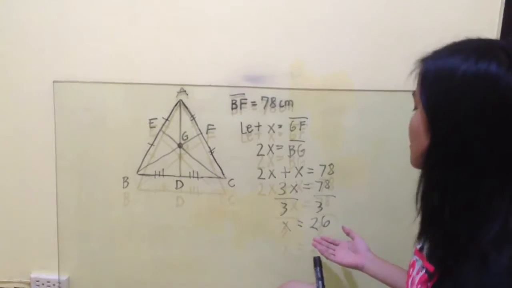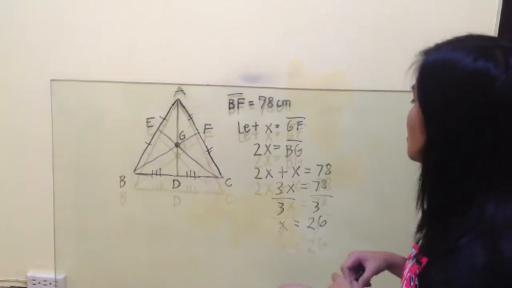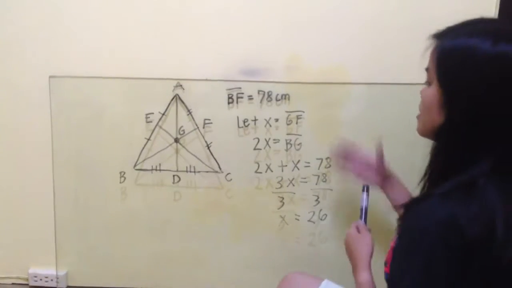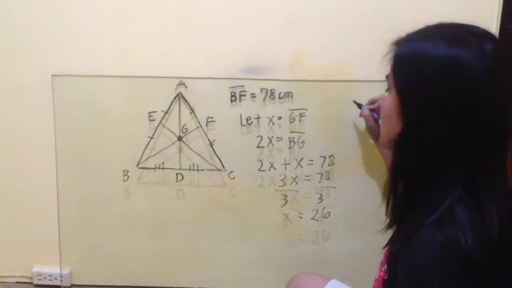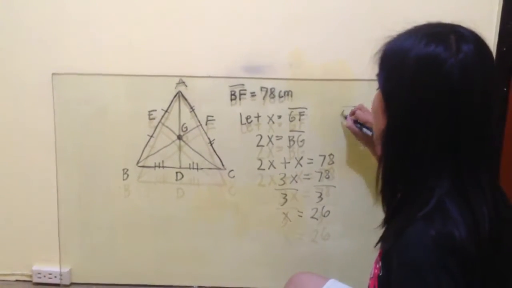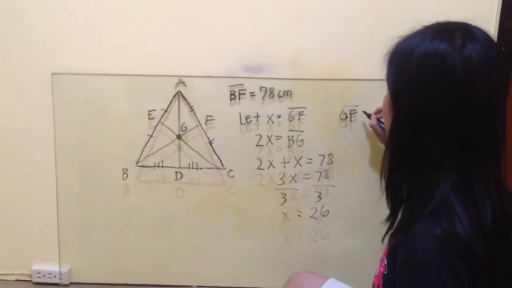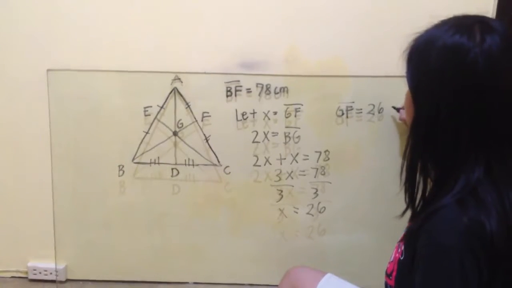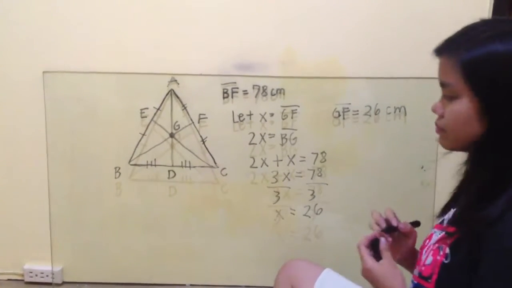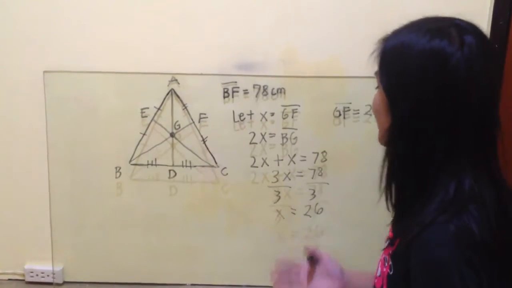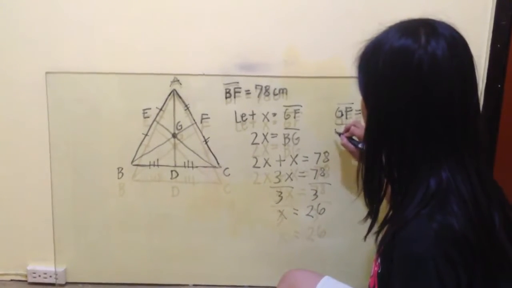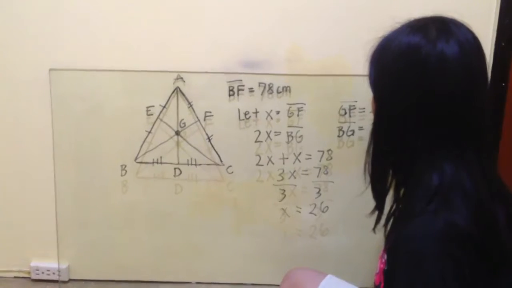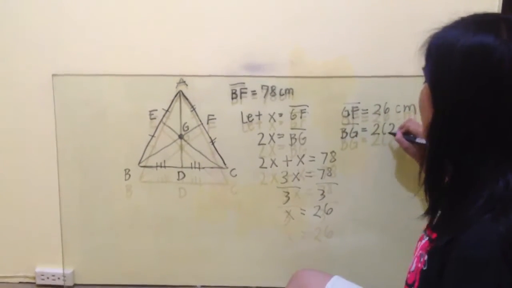Now that we have found the value of x, we can now substitute this value to this. So, line segment GF has length 26 centimeters, while line segment BG will have 2 times 26.